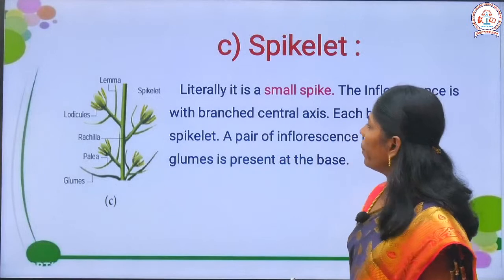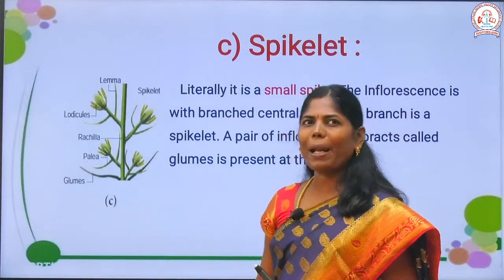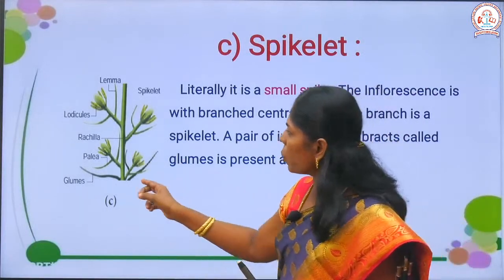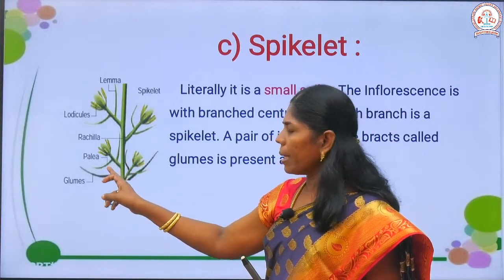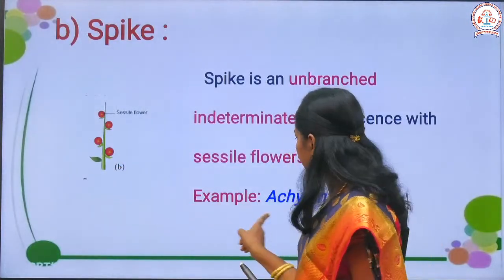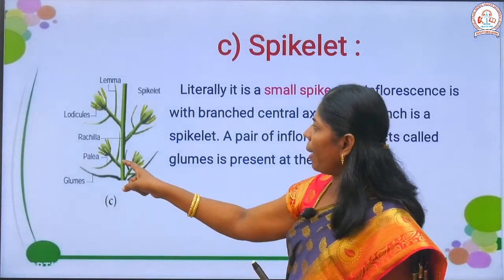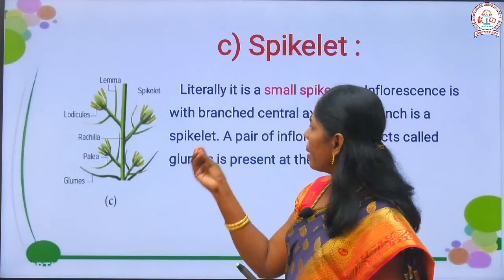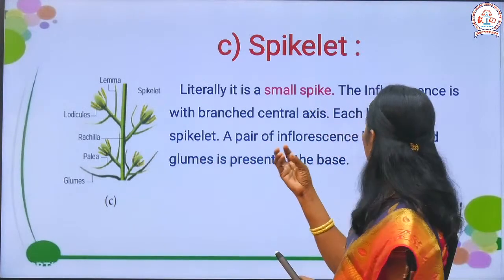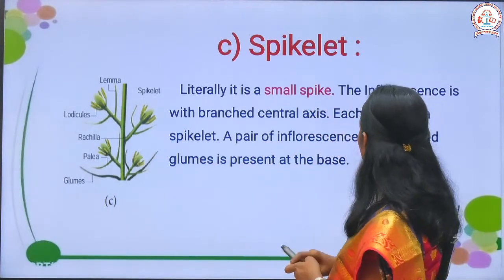So, it consists of bracts. The main bracts are called glumes. Each flower's bract is considered the palea. The main axis is called the rachilla, and it bears the lodicules and inner regions.